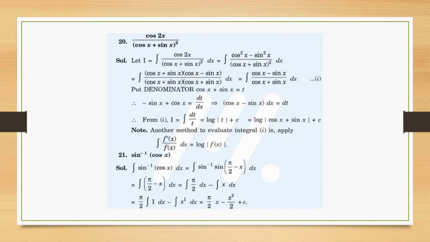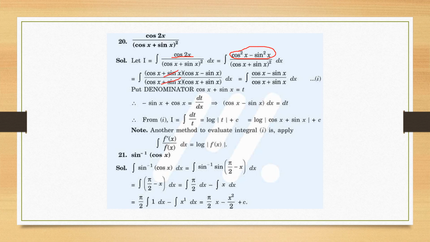Now 20 is cos 2x upon cos x plus sin x whole square. Now see, cos 2x can be opened as 2 cos square x minus 1, 1 minus 2 sin square x, and also cos square x minus sin square x, which is the most suitable for this question. Why? Because if you change cos 2x to this, you can open it like a plus b into a minus b, right?